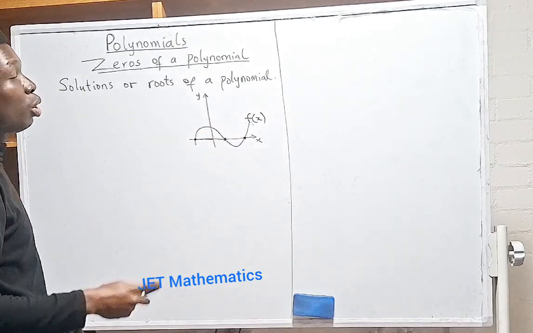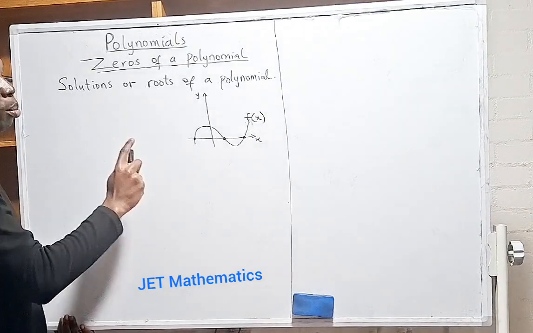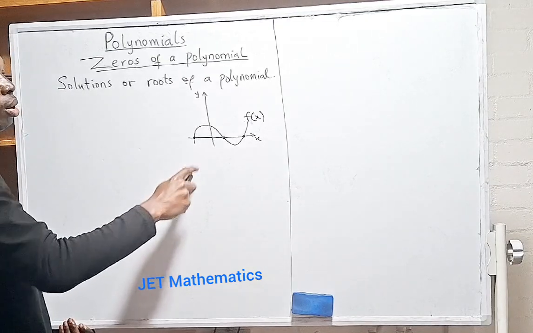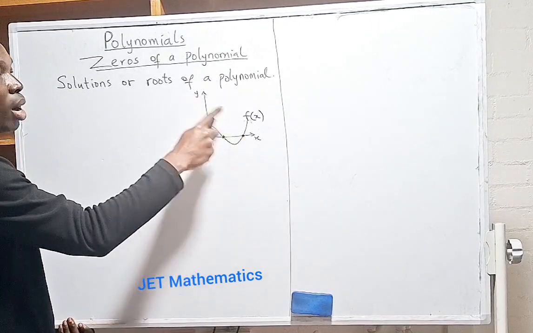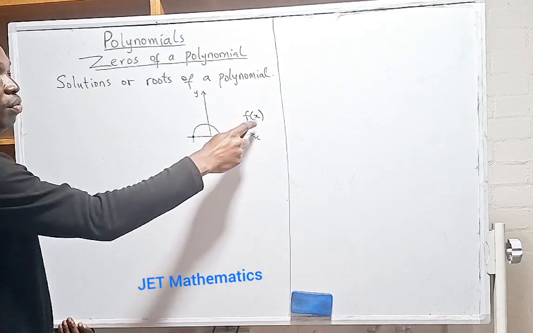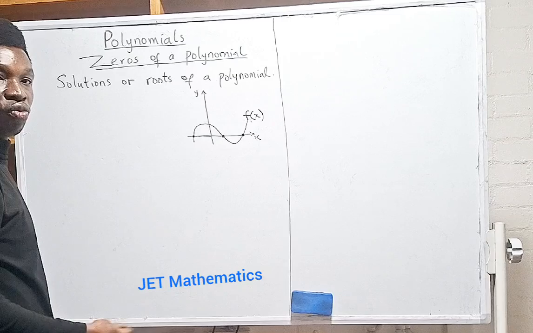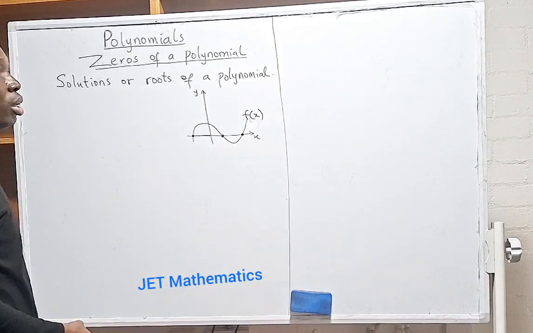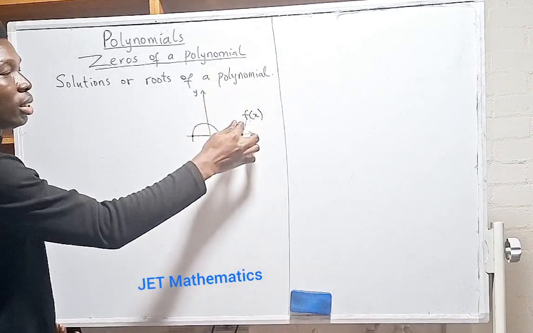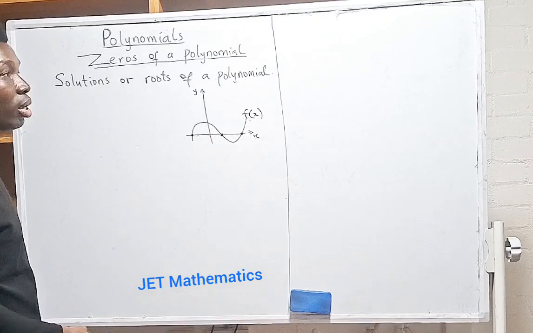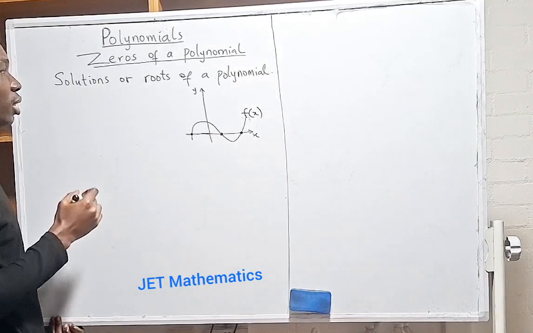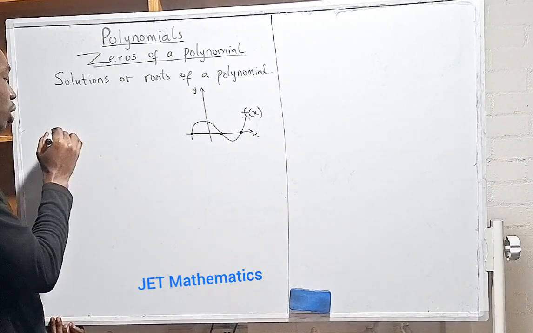Okay, so to obtain the solution of a polynomial, all you need to do is make y equal to 0, or f of x equal to 0 in the function, and then you can get the zeros of the polynomial. So they are obtained at the x-intercept.